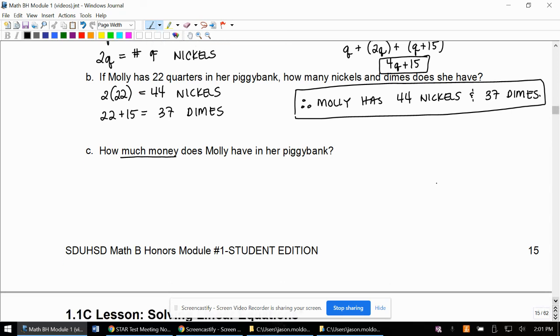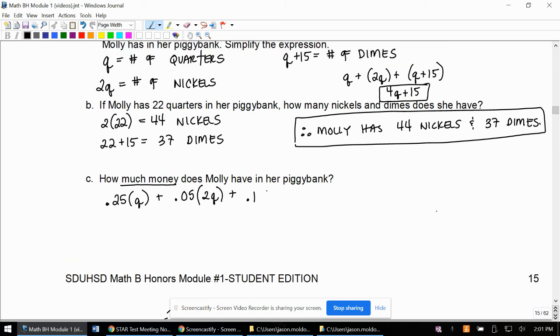But the first time you saw a coin problem, you probably were like, oh yeah, what we need to do is have the dollar amount for each coin. So 25 cents is 0.25 per quarter. 5 cents, 0.05, not 0.5, is per nickel. And 0.1 is per dime. We don't need the 0 placeholder there.